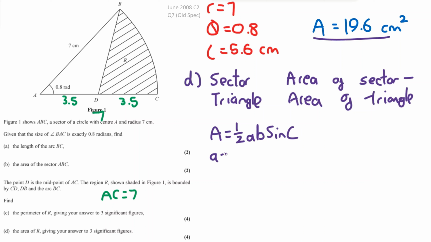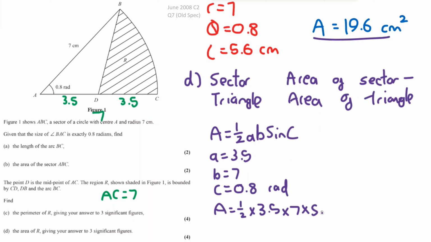where A is equal to 3.5, or it could be the 7 as well, B is equal to 7, and C is equal to the 0.8 radians. So therefore the area of the triangle is equal to half times 3.5 times 7 times sin of 0.8 radians.